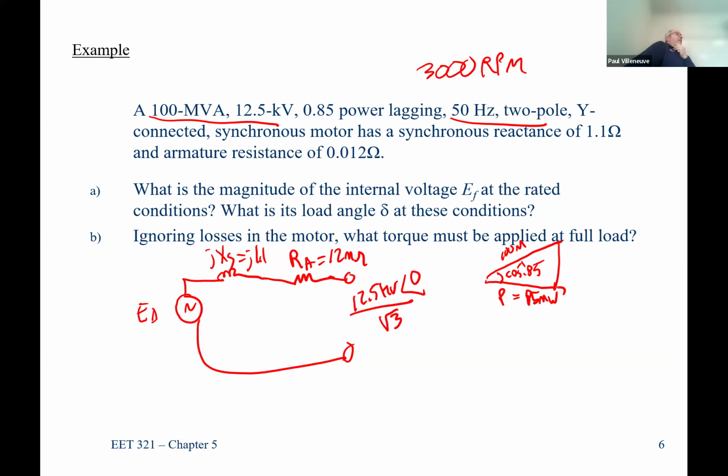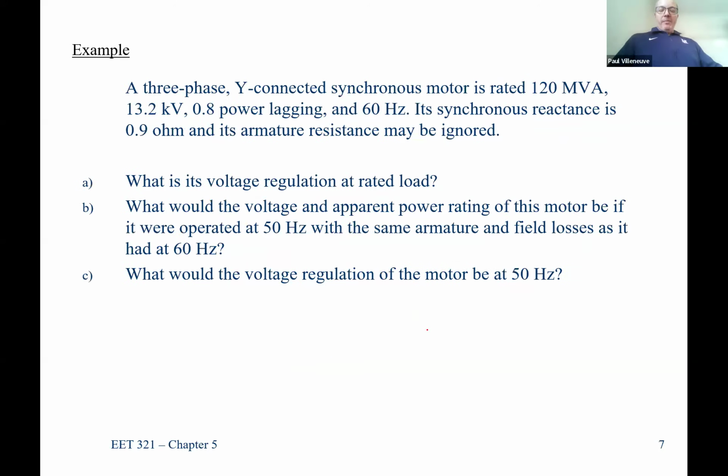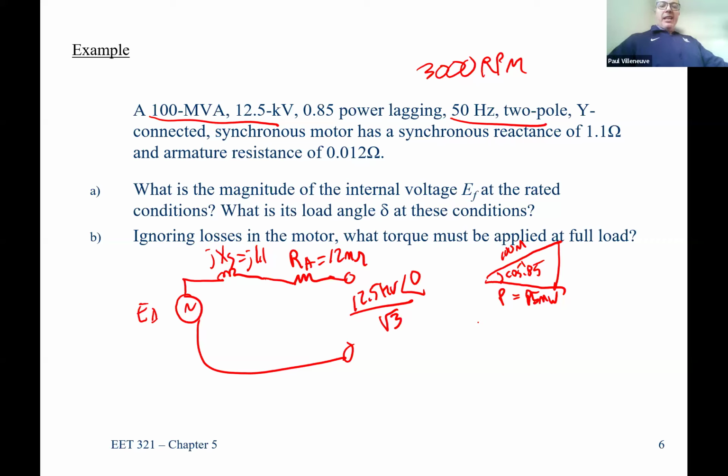Very good. The power factor is the ratio of P to S. So at this point I can calculate I, which is going to be equal to S divided by the square root of 3 times V, and I take the conjugate of that. That's equal to 100 MVA.